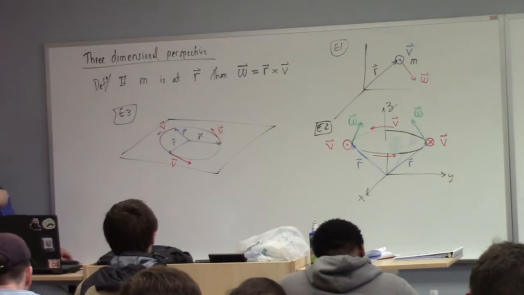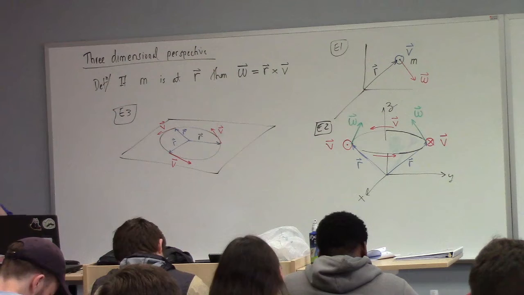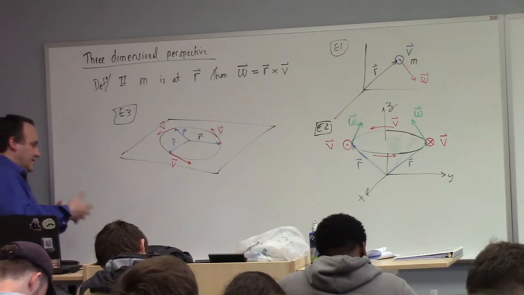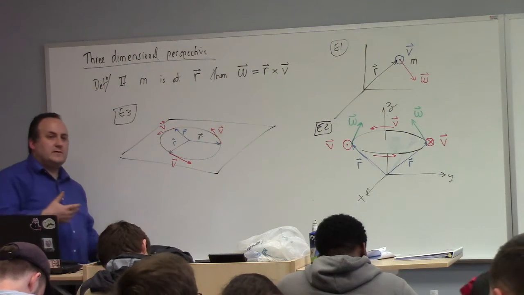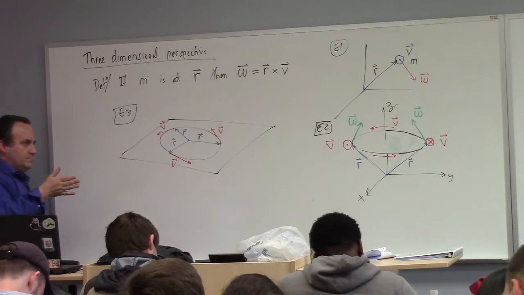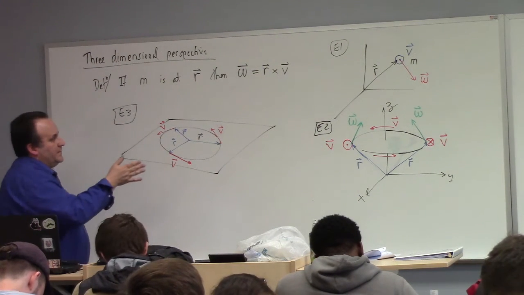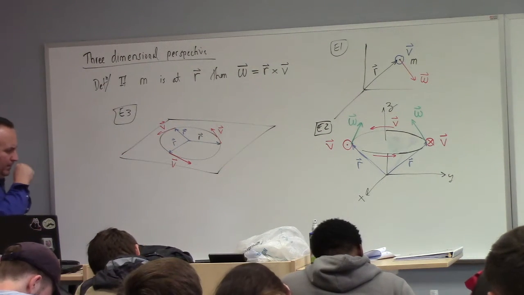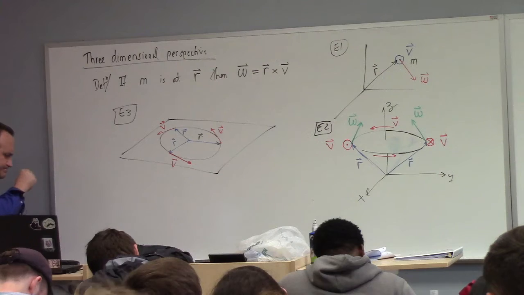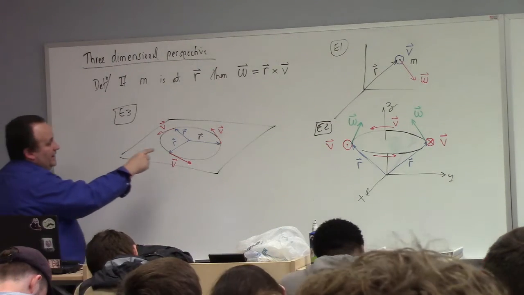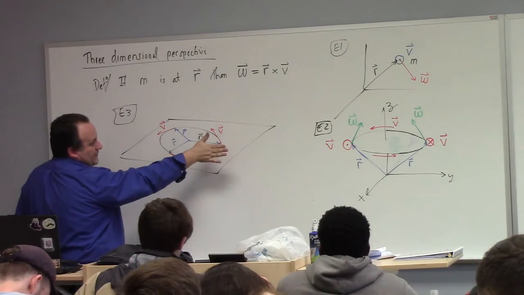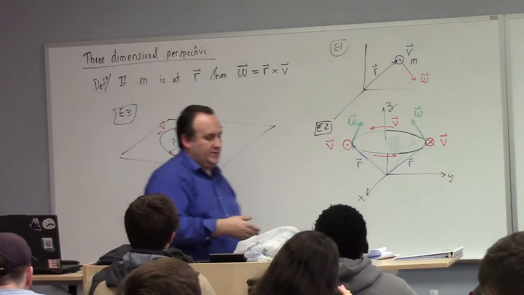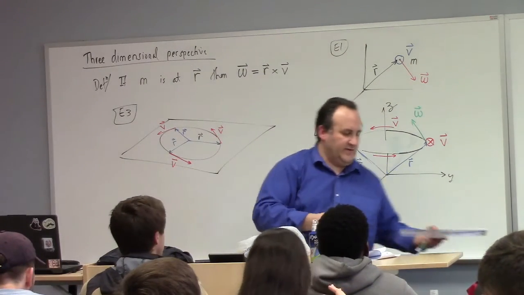All right, now let's calculate the angular velocity for this particular scenario. It should be more natural. So we have r crossed, well, you have to visualize it in the plane.